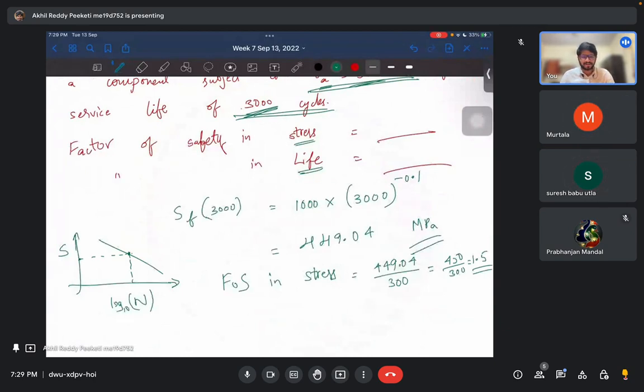When you have a constant load, then you don't do this. That would be the n equal to 1 case, so then you put n equal to 1.